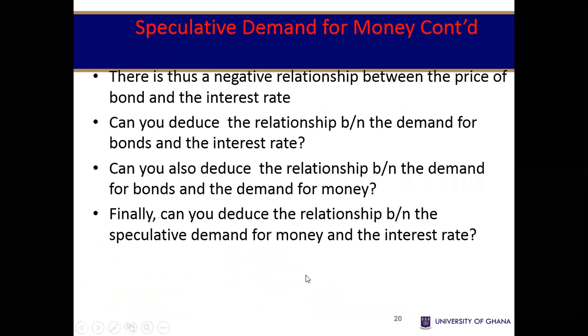Okay, so this is what we have been talking about. Now we've seen that there's a negative relationship between the price of bonds and the interest rate. So now there's a question: can you deduce the relationship between the demand for bonds and the interest rate? What is the relationship between the demand for bonds and interest rate?